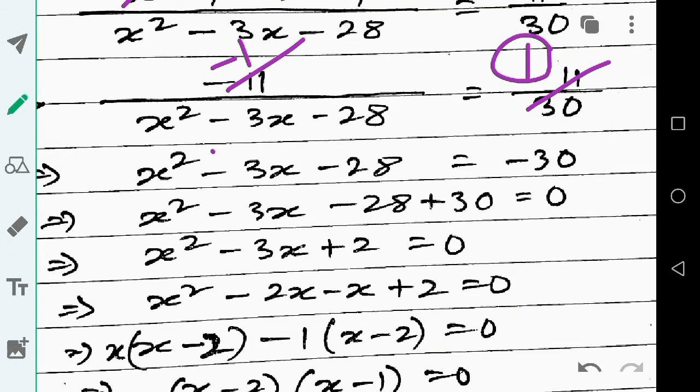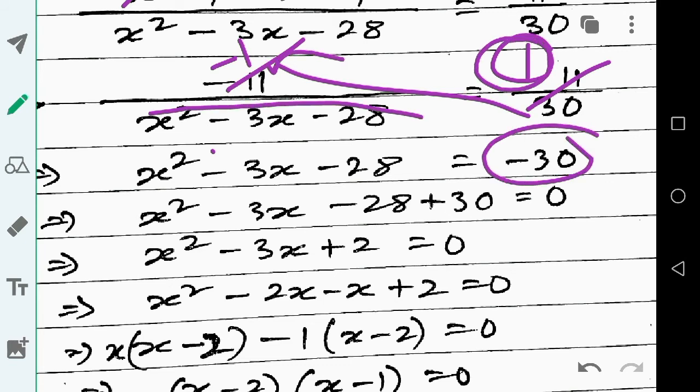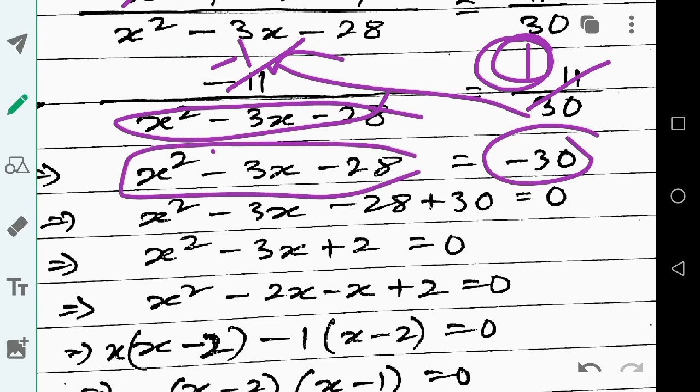Now cross multiplying, after cross multiplication here you see 30 into minus 1, we got here minus 30, and 1 into this one is equal to this x square minus 3x minus 28. Now bring this minus 30 to this side. Okay, so plus 30 minus 28 is plus 2.